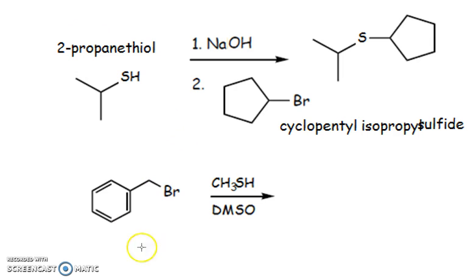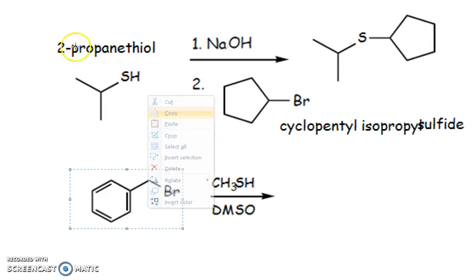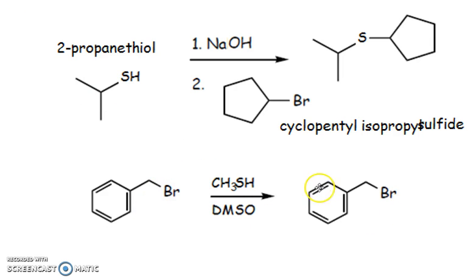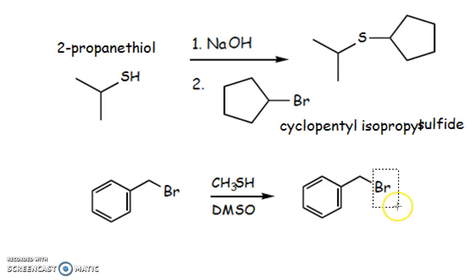Okay, next we're going to look at this. Here we have a primary carbon that's actually benzylic, this phenyl group makes it even a better substrate for SN2 or SN1. And we have methane thiol. What will happen? The methane thiol is a good nucleophile, and it will do an SN2 on this carbon over here.